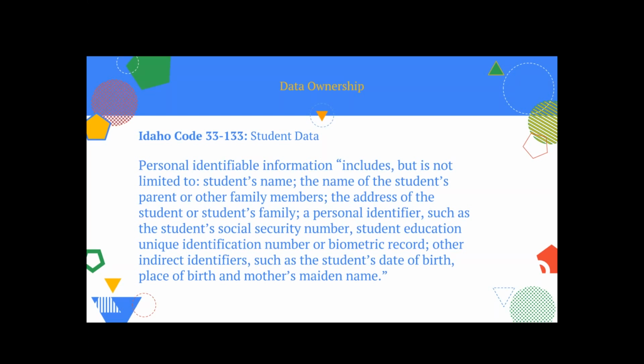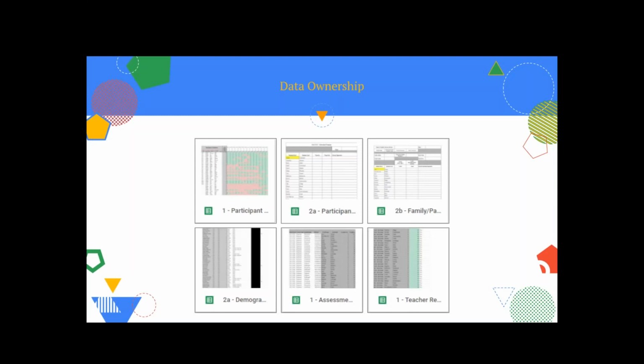Now, the State Department of Education has created the following 6 files, which will be shared with the program director and owned by the subgrantee. Once the file is shared, the State Department of Education no longer has access to the data provided. Again, these files contain personal identifiable information, and the State Department of Education only looks at aggregate numbers for 21st CCLC.